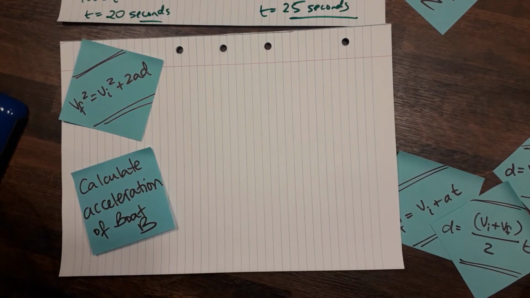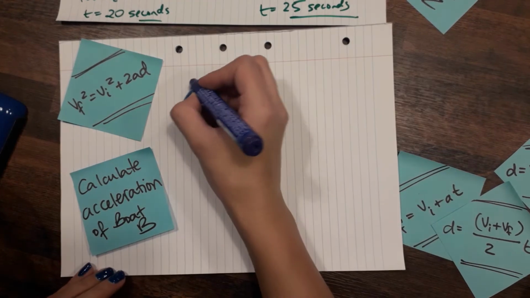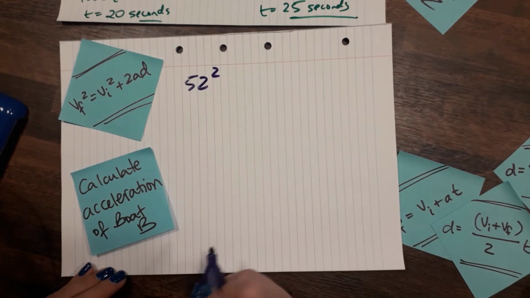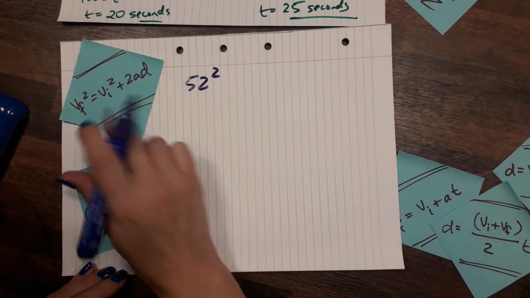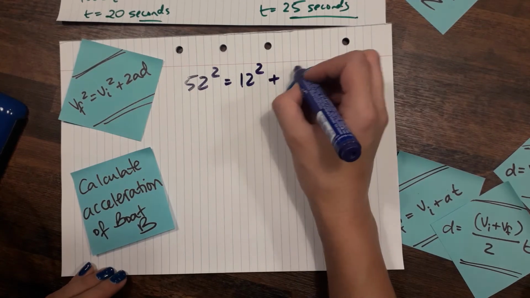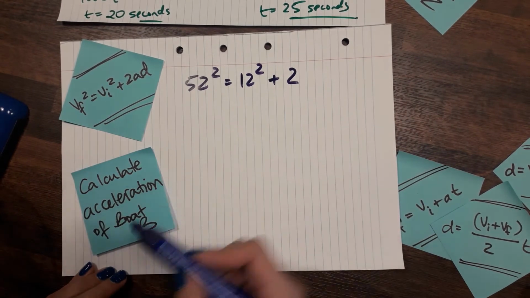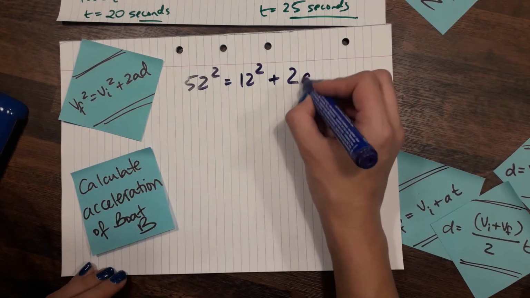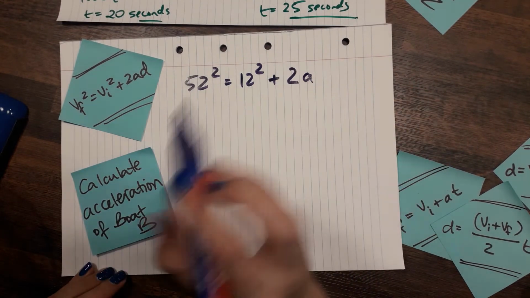So we'll go in purple for this one. For boat B, VF was 52. VI was 12, plus 2, acceleration is what we're trying to find out, and then distance was 800.